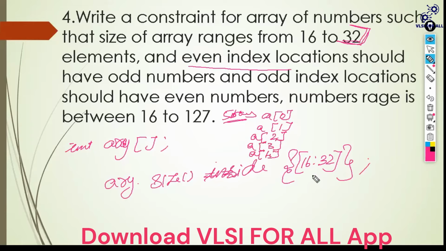So even index means 0 is an even number, 2 is an even number, 4 is an even number. If it is an even index, this index should have odd values. If it is an odd index, it should have even values. So can anyone suggest some solution for this?